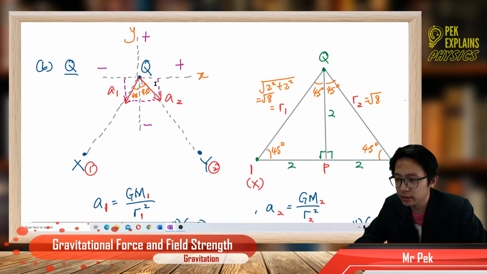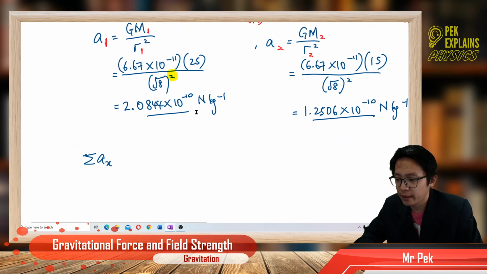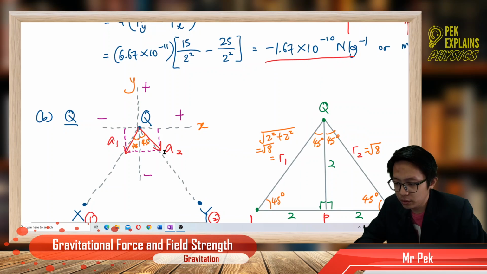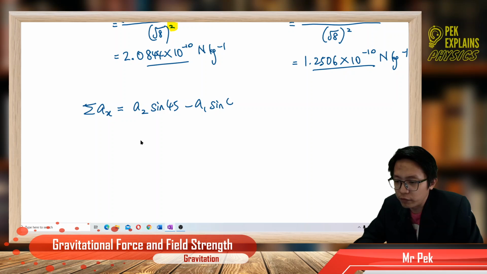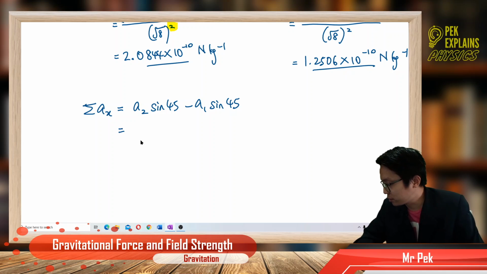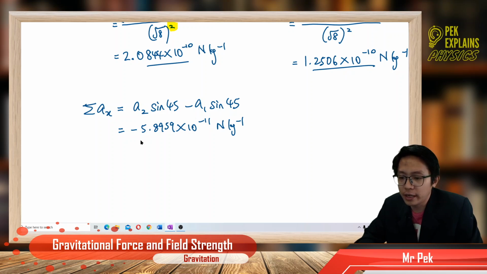So let's substitute the value and we will get the answer negative 5.8959 exponent negative 11 Newton per kilogram. Okay, that's Ax.